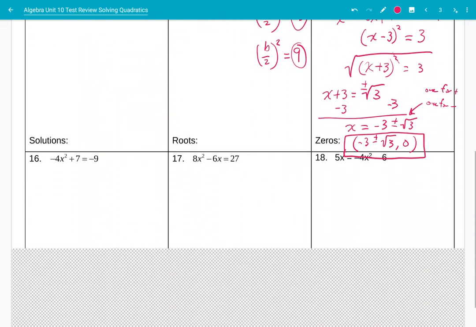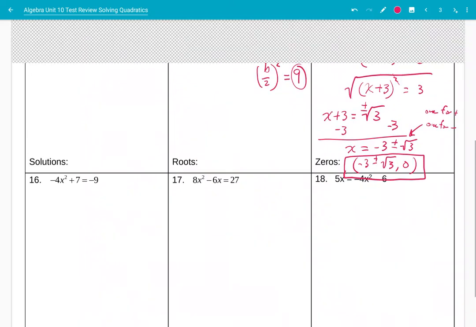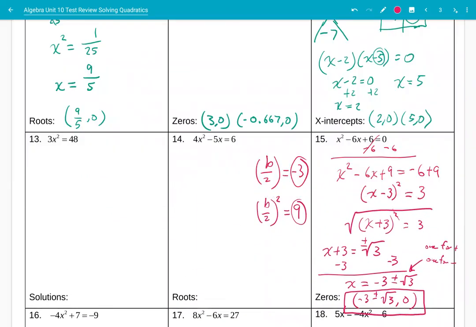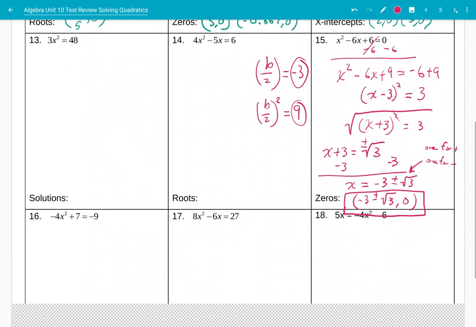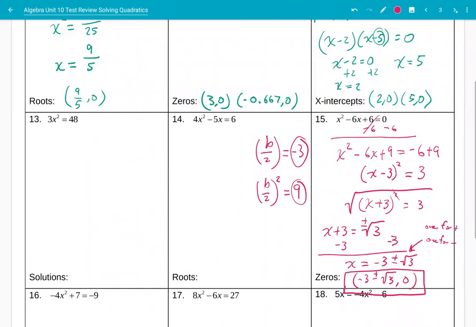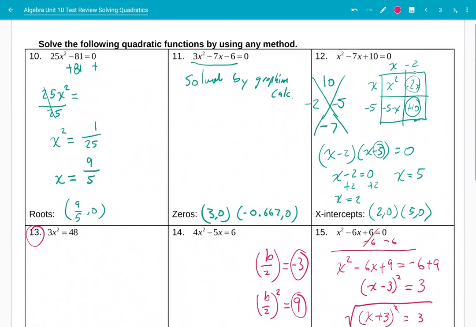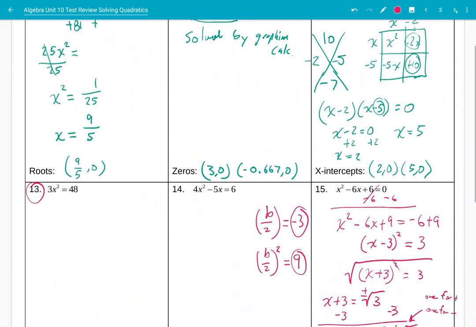All right. The rest I'm going to leave to you. I've done 4 out of 9, so almost half. And you can probably see which ones, like this one right here, number 13, there's no b value, is there? No bx term. So I've done a couple of those.